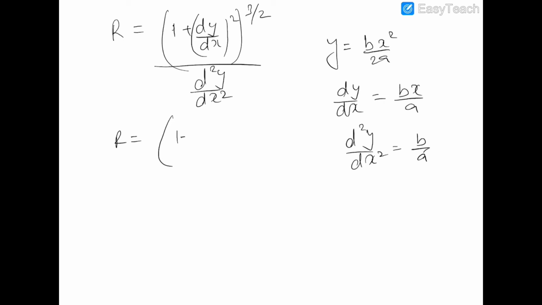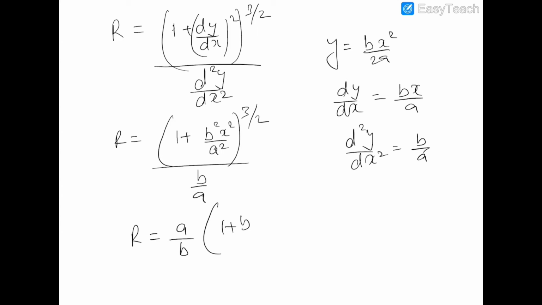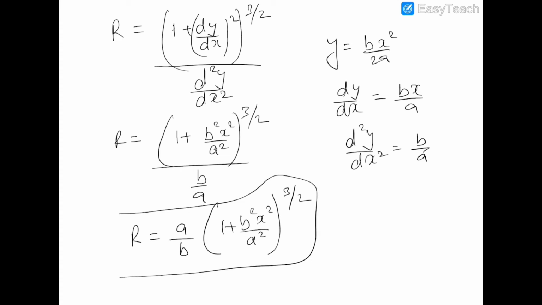So it would be 1 plus b square x square by a square to the power 3 by 2 upon b by a. So radius of curvature is a by b into 1 plus b square x square by a square to the power 3 by 2. Now we move on to the next question.